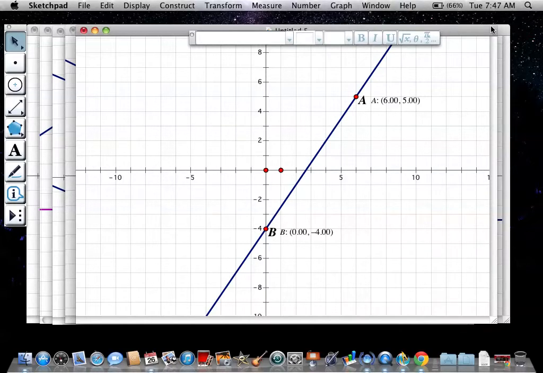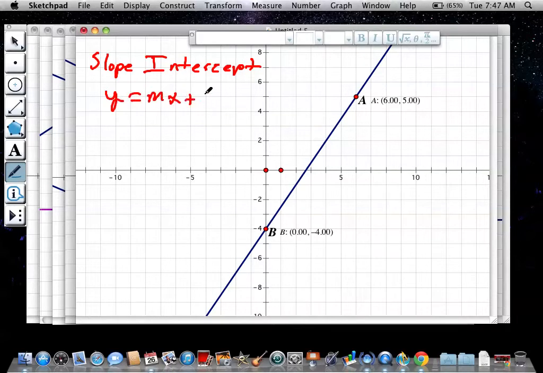All right, 3-6. 3-6 is writing equations of lines in the coordinate plane. There's two forms that we use for a slanted line. One is slope-intercept, and that's y equals mx plus b.